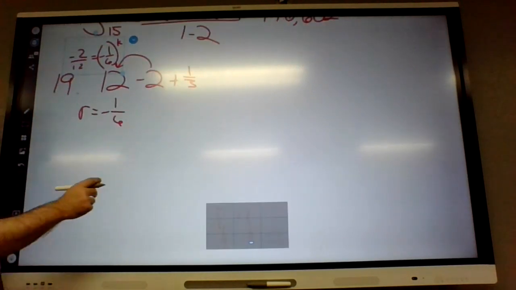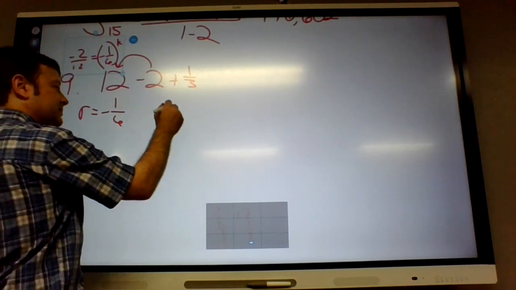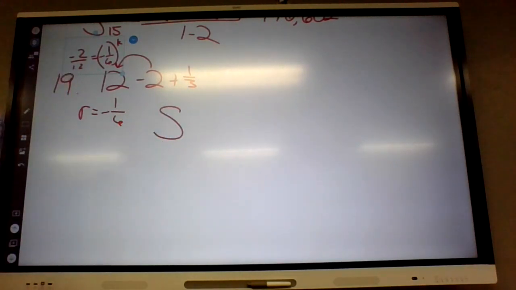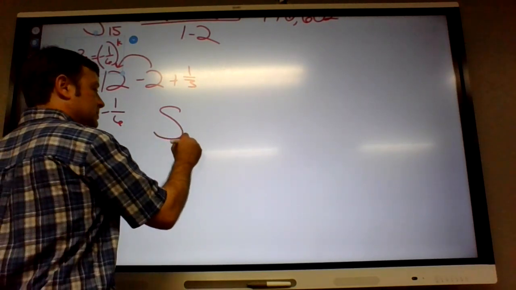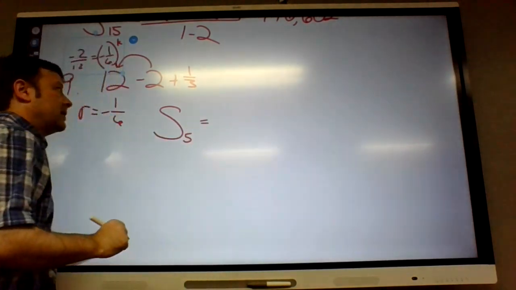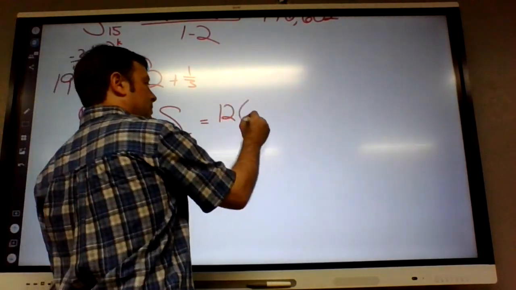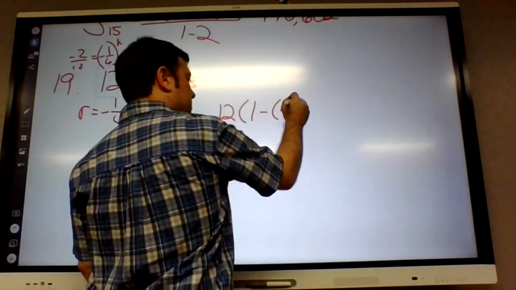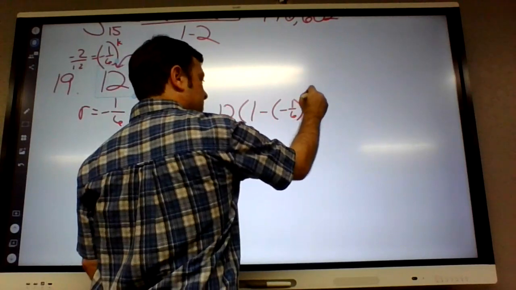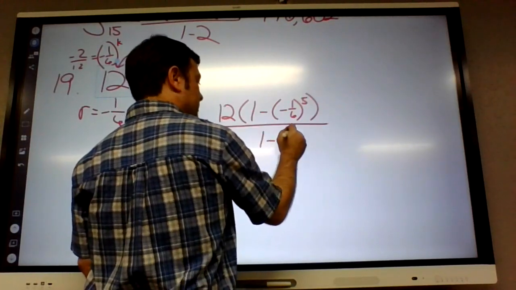Alright, so when I plug stuff in, how many terms are we adding? 5? That's not very many. Okay, the first term is 12. The common ratio is -1/6. And we're doing 5 of those.